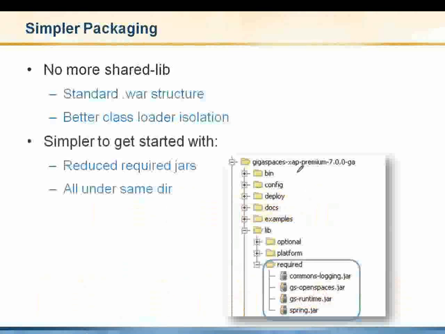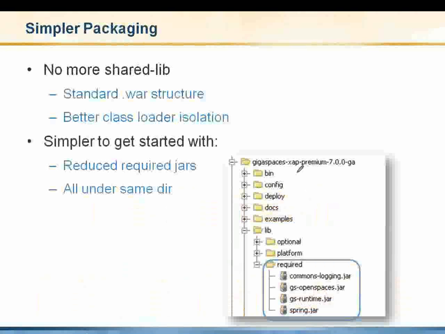Simpler packaging. We all know in 6.6 there was a directory called shared lib in the processing unit. What users were instructed to do was take the entries that were supposed to be written to the space and place them in this shared lib directory.